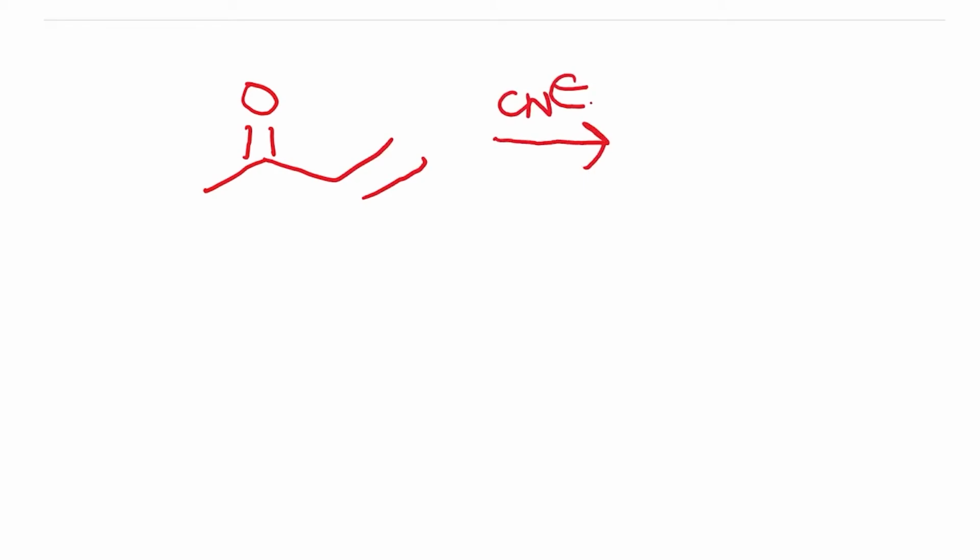Okay, so what is proposed is that when you start with this type of a carbonyl compound, and when you add a CN minus, we have looked at already the formation of cyanohydrin.